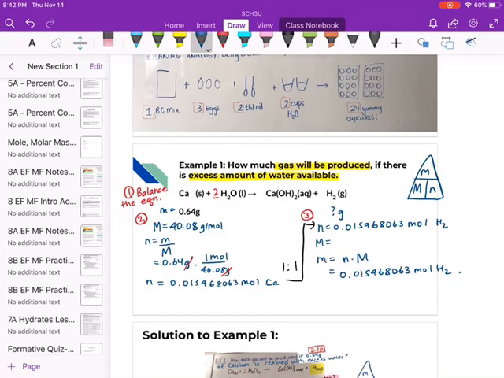Multiply that by 2 and you get 2.02 grams per mole for hydrogen gas. So we get 2.02 grams divided by 1 mole. The moles cancel out, and I'm left with the amount of hydrogen gas in grams. Put that in the calculator and you get 0.0322542 grams.